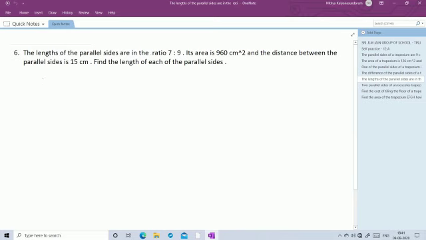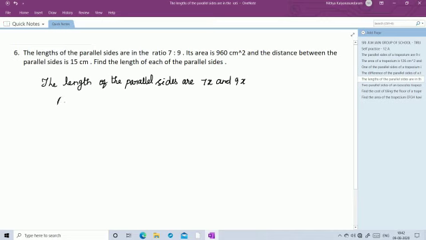So first let's consider the lengths of the parallel sides are 7x and 9x. So area is given, height is given, then you will calculate the exact length.